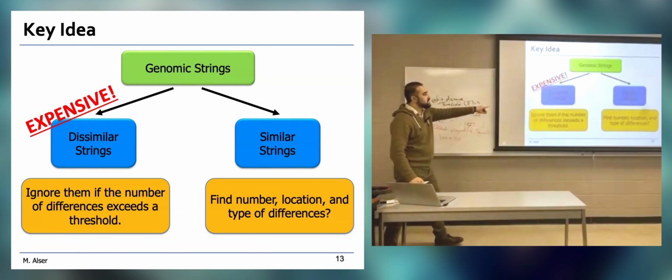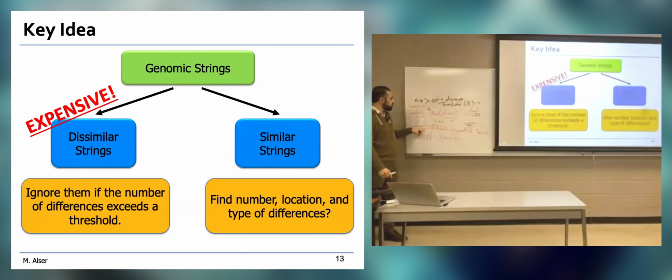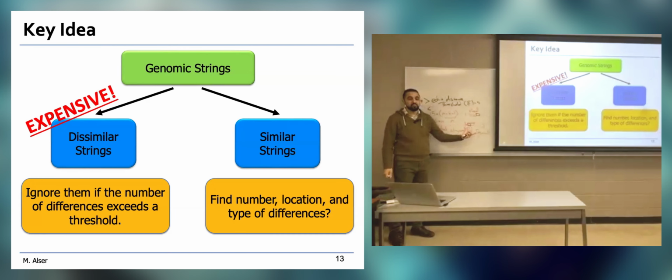So this is expensive. Why? Because if you apply dynamic programming, Needleman-Wunsch, for example, or even the most optimized algorithm, for example, Wavefront, you're still wasting computation because you apply the entire dynamic programming matrix and you calculate a lot of cells, but at the end of the day, you just trash all the computation because they are irrelevant to each other, and I'm not interested in the result.